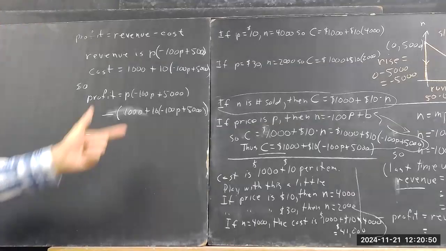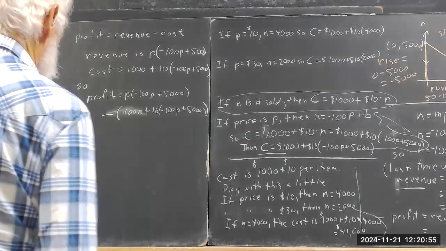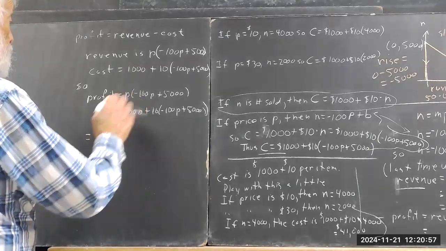Well, there it is. Now, can you multiply that out and simplify it? Well, I assume you can, but we've only got 2 minutes left. So I'll go ahead and do it.